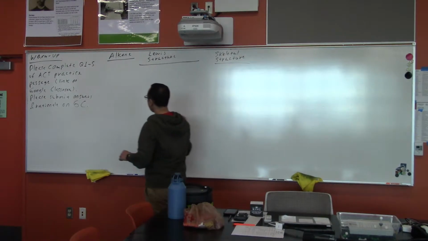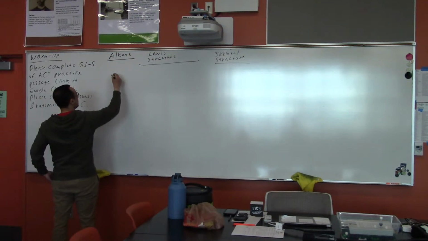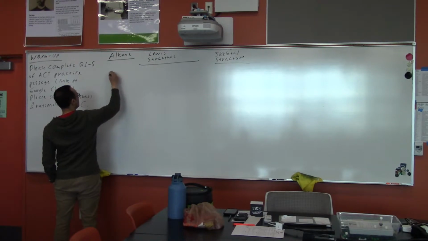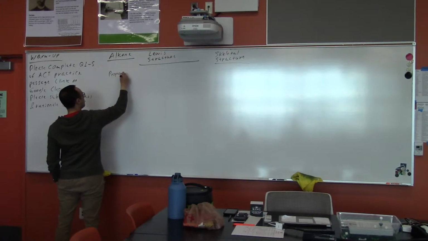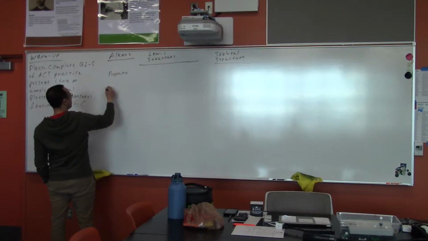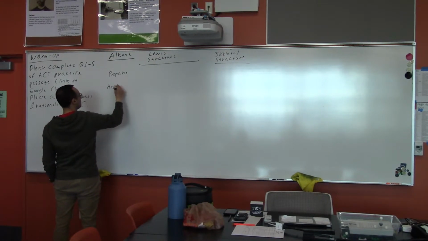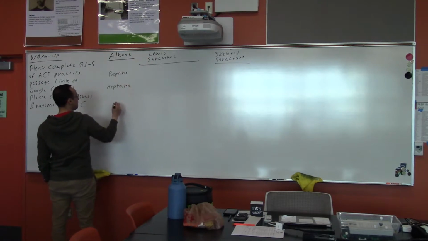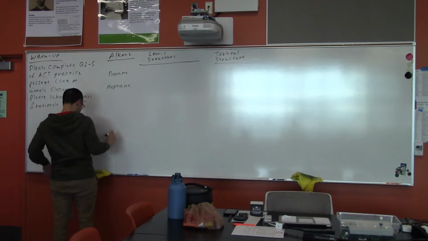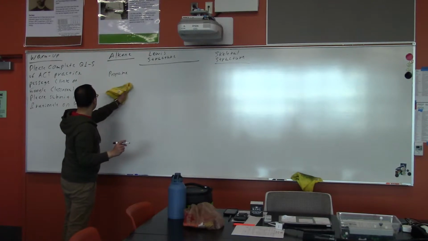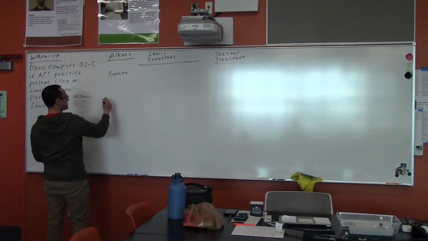Okay. And let's just start with a few that we know. So we'll go with propane. And we'll go with heptane. And we'll go with octane. And I'll space these out a little further because I just want to teach you how skeletal structures work.